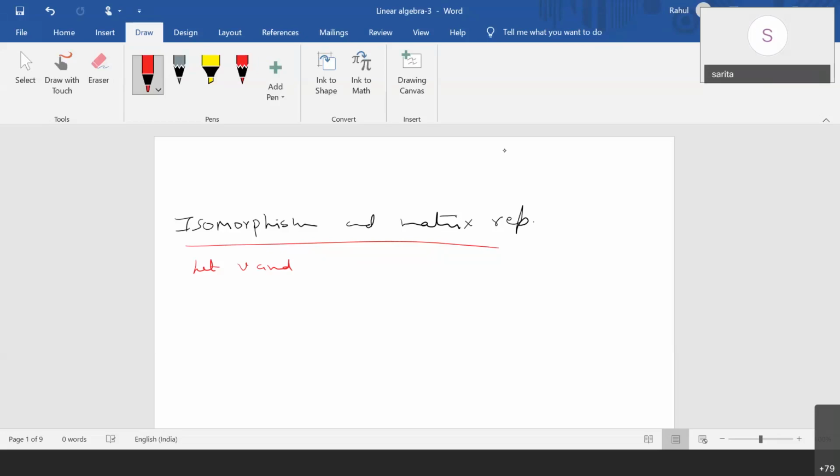Okay, so let V and W be vector spaces over F. Now there is one thing from when we did vector spaces. When we say let V be a vector space, what is a vector space? It follows two properties: addition and scalar multiplication.